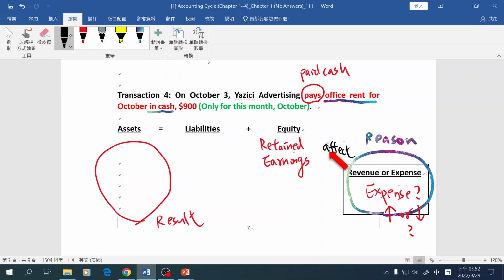Okay, please finish these two. Let me check. You can go home. Any questions you could discuss with your classmates, or you could raise your hand and let me know you have some problems. Finish transactions 2 and 4.